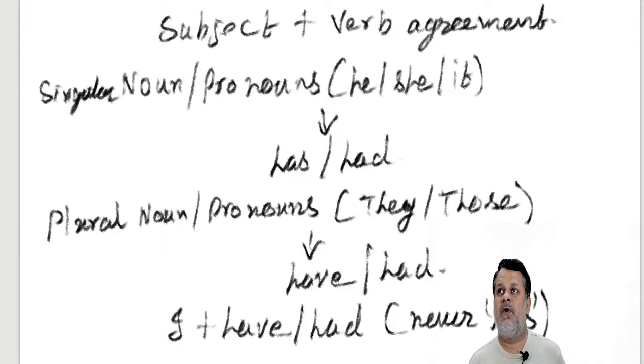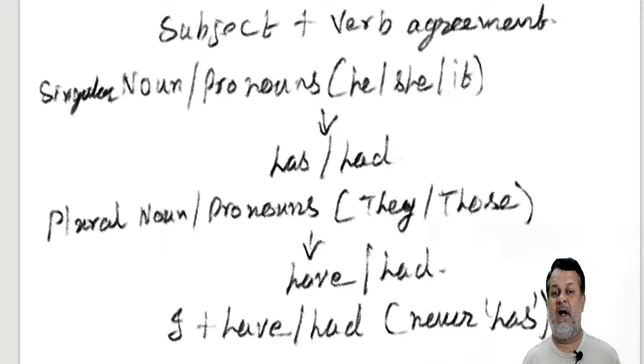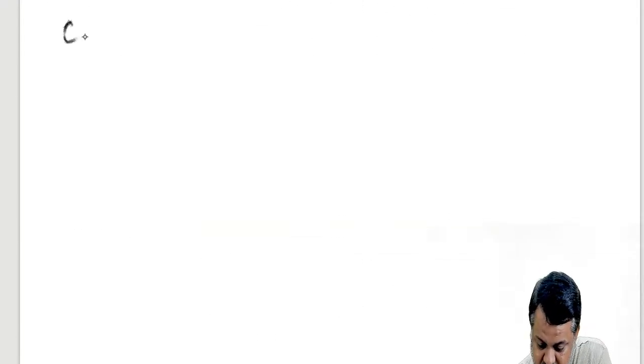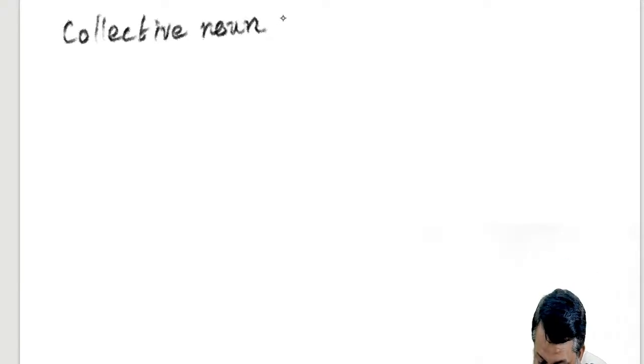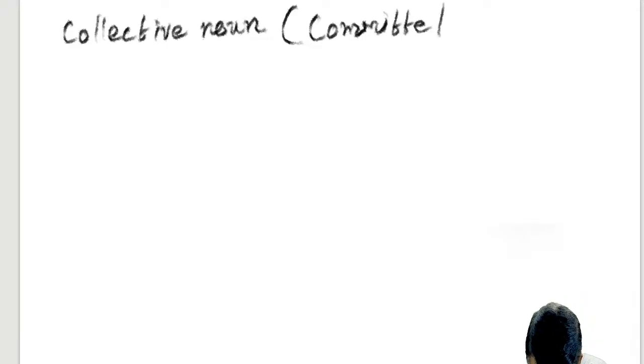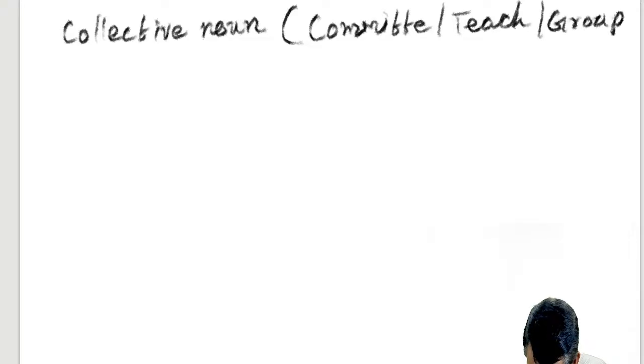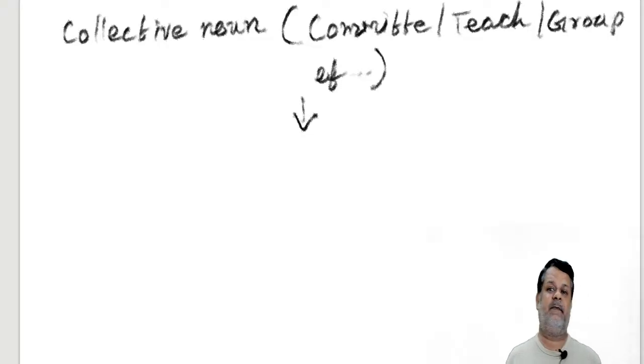Again, when it comes to a group, a collective noun, something like committee, team, group of, etc., they are always followed by again has or had.